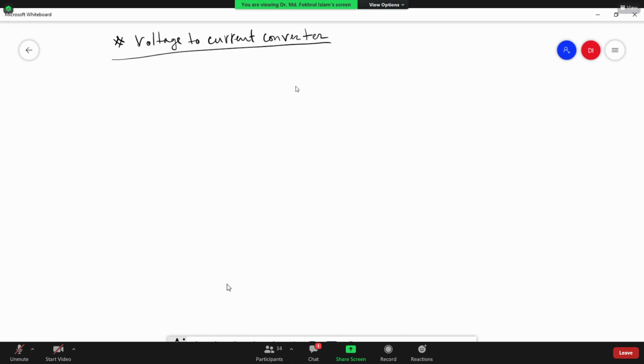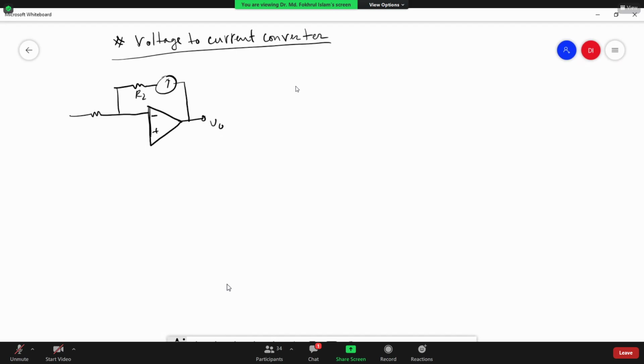Like this one, we can draw an inverting amplifier, with negative and positive signs, the output, input resistance, and drive the magnetic coil, the magnetic field in this way.